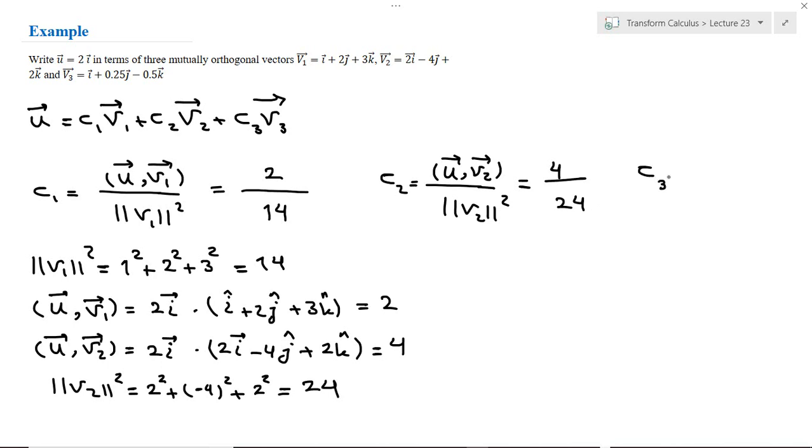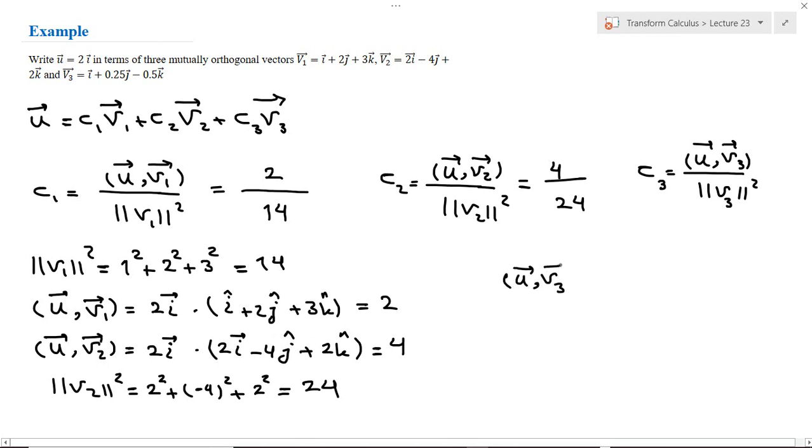And now we have to find C3. C3 is the inner product of U and V3 divided by the magnitude of V3 squared. So we can find the inner product of U and V3. It's equal to the inner product of 2I and I plus 0.25J minus 0.5K.